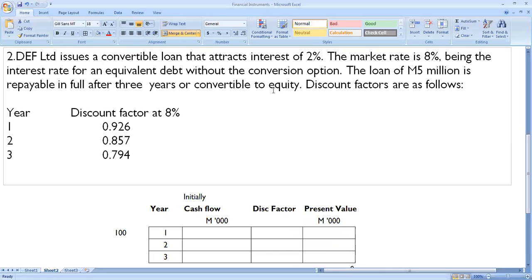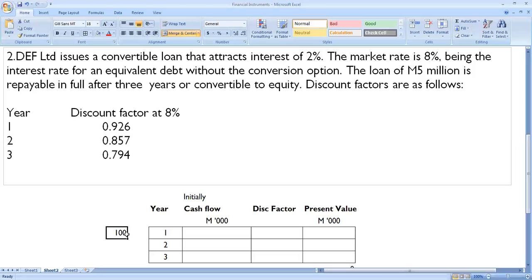Discount factors are as follows. With the compound financial instrument, the very first step is to split it into its equity element and its debt element. Then the debt element is subsequently measured using amortized cost.